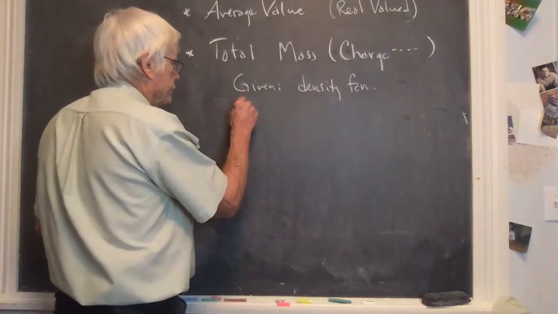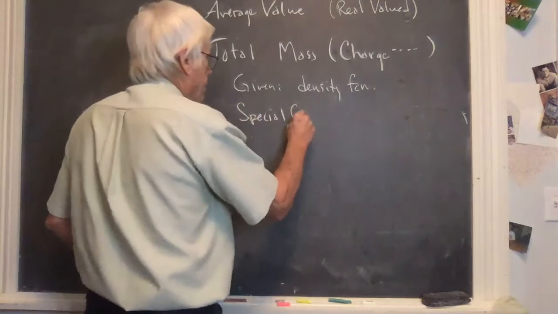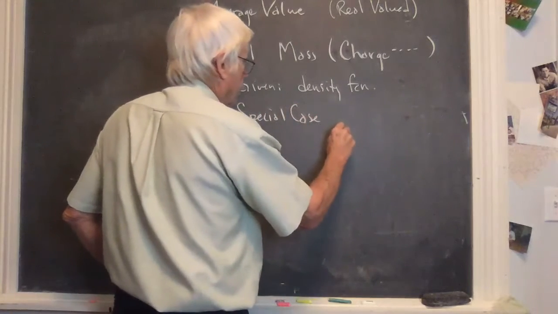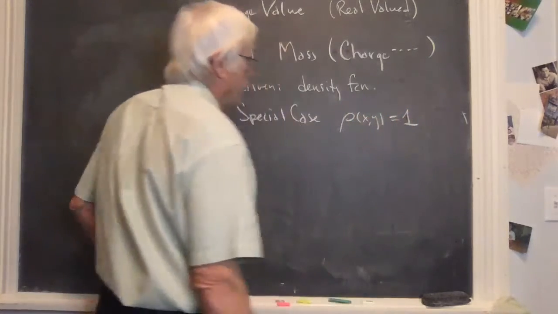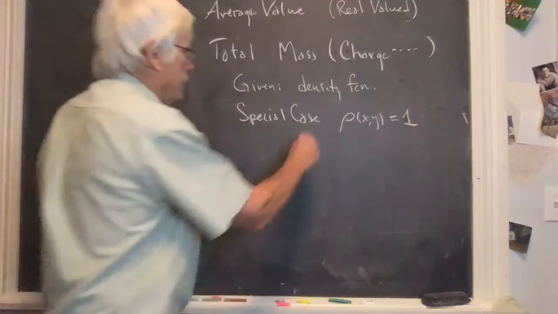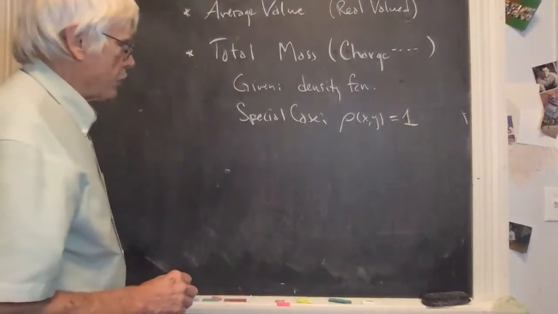If, as a sort of special case, the density is constant, or 1, then these things are considered to be geometric.